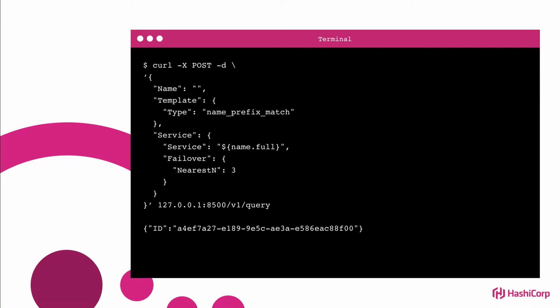And then the interesting bit is that we defined this failover clause that says nearest N3. What that means is look locally, but if you don't have anything locally, look at the next nearest 3 Consul data centers by round trip time. You didn't have to say look in this order, you just said look at the next nearest 3.